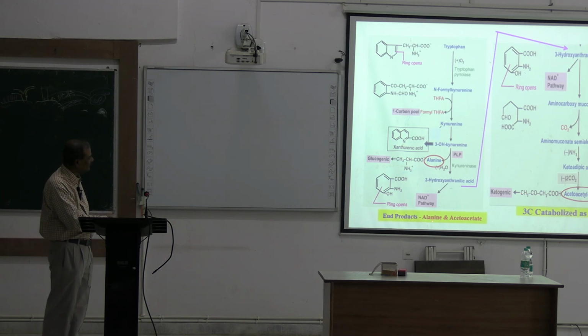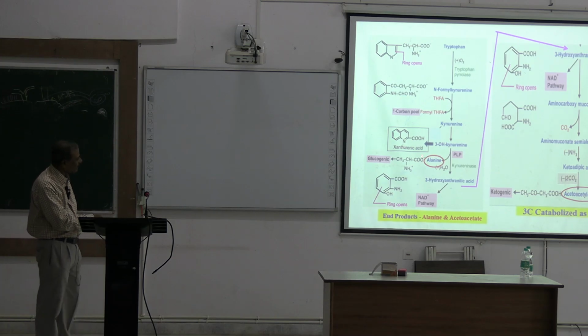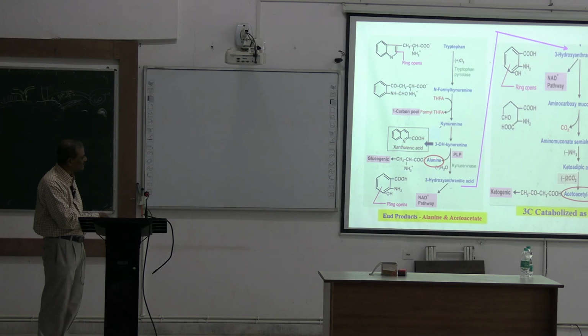See here, the end products: one is alanine, one is acetoacetate. At the end, what are we getting? We are getting acetoacetyl-CoA and we are getting alanine. When tryptophan is broken down, at one point in this reaction we get alanine out from tryptophan.